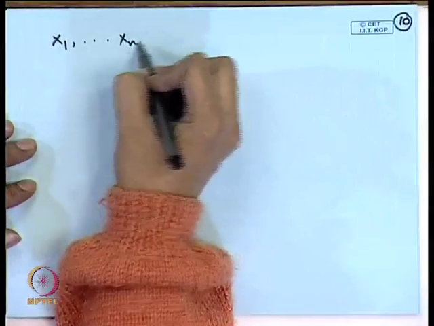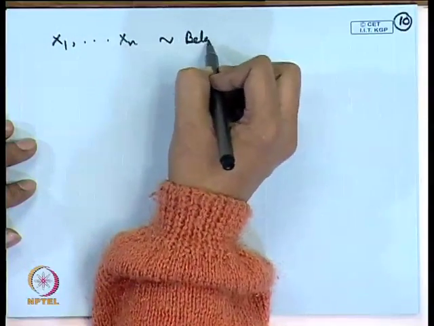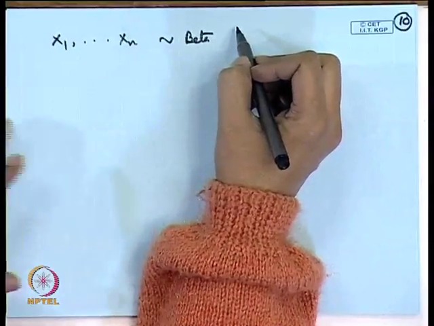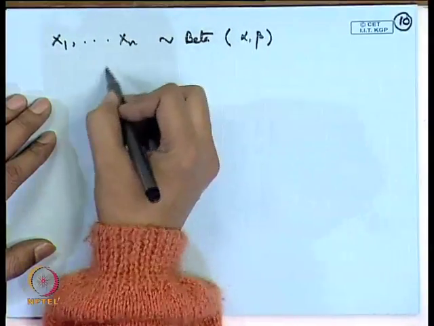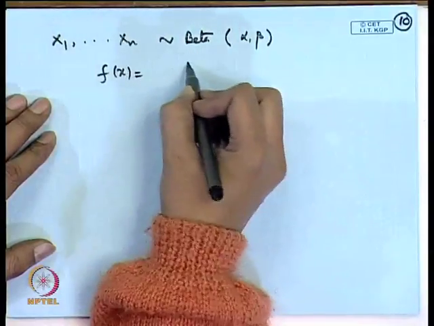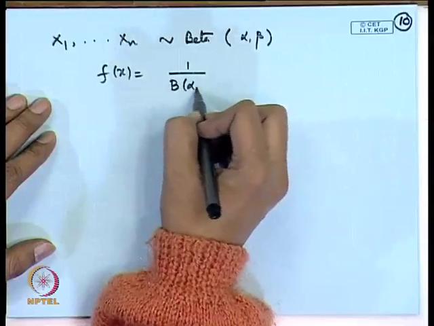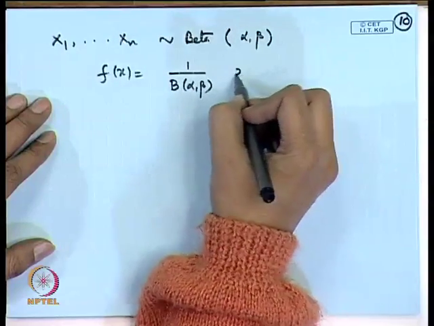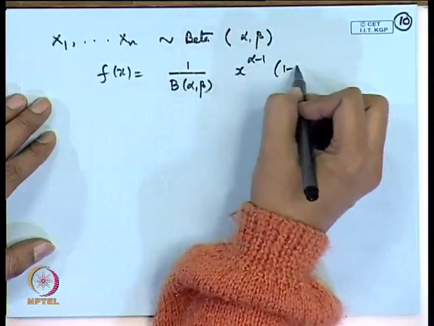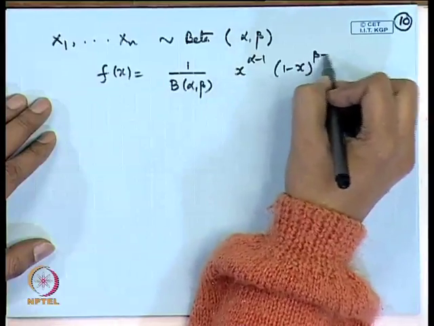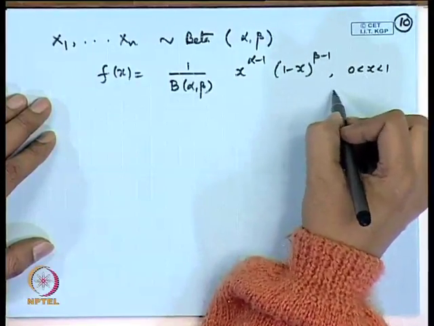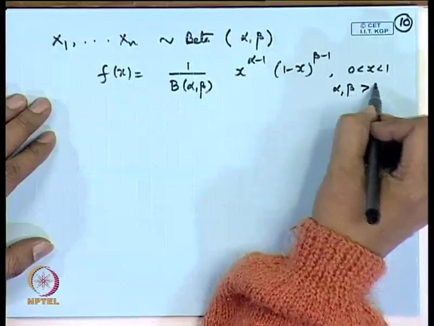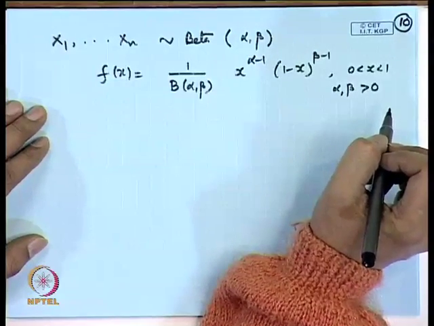Similarly, let us take up say beta distribution with parameters alpha and beta. That means, I am considering the density function as equal to 1 by beta(alpha, beta) x to the power alpha minus 1, 1 minus x to the power beta minus 1, where x is between 0 and 1 and alpha and beta both are unknown positive parameters.